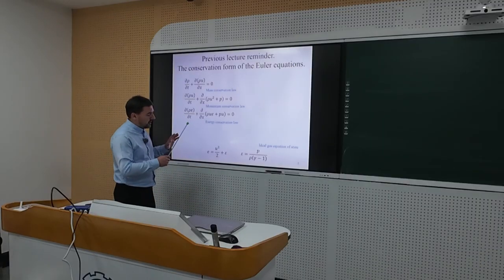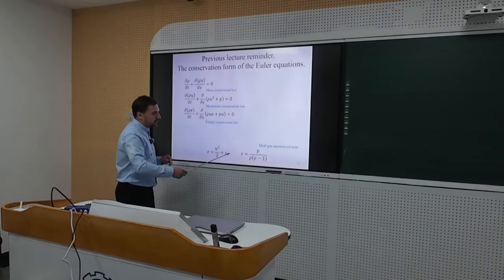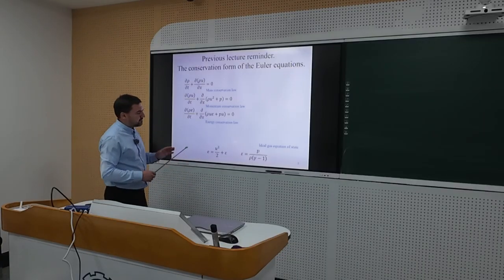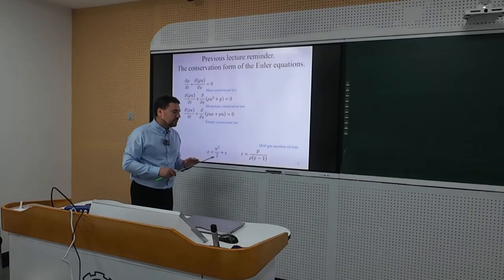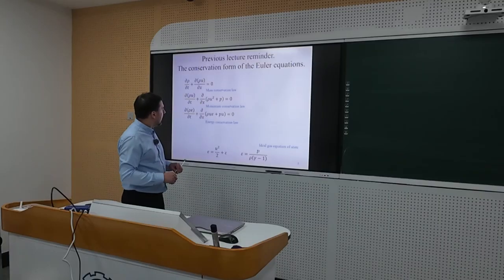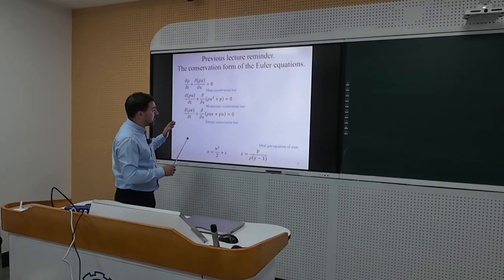Within the scope of our course, gamma will be a constant. We will not consider difficult equations of state and difficult media and so on. We discussed that that's not enough.